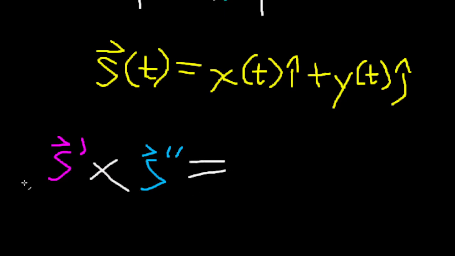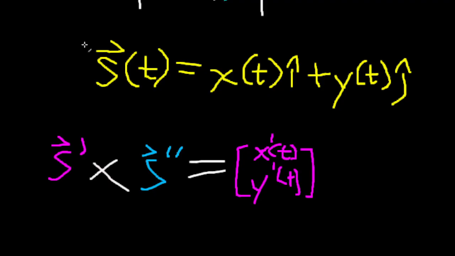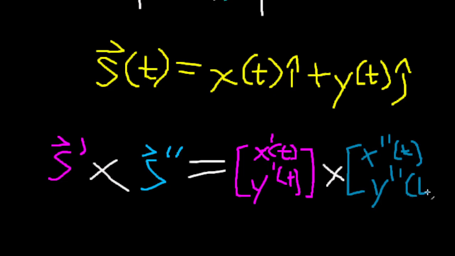And what that's equal to, if we write out the components, is x prime of t over here, and then y prime of t down here, and then we're going to cross that with x double prime of t and y double prime of t.